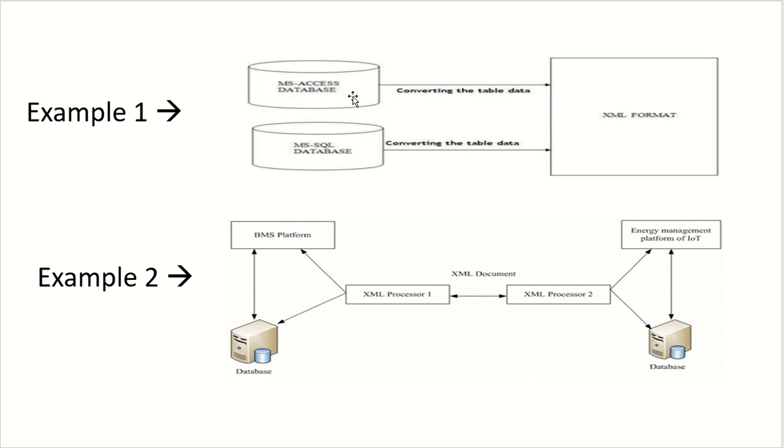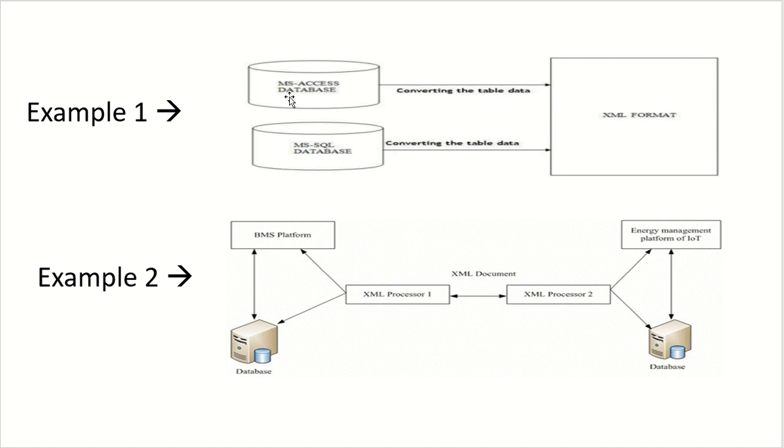Say one application is running with an MS Access database and another application is running with an MS SQL database. Both are databases but with different protocols. So both the databases cannot communicate directly. They need some common platform in which they can convert their data, and that common platform is the XML format.